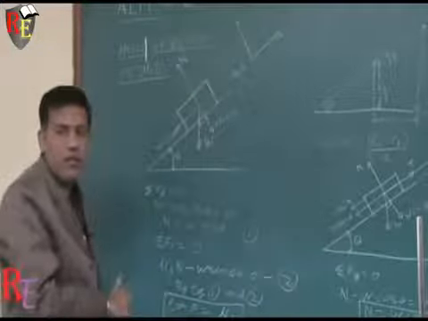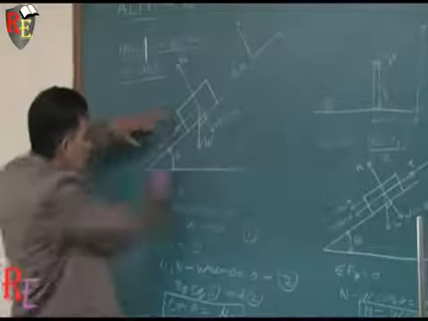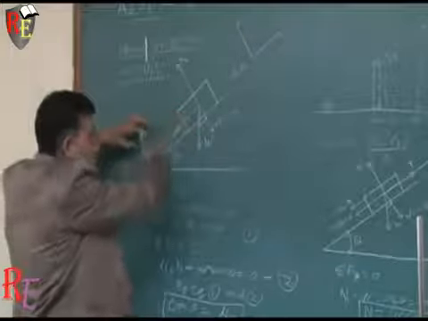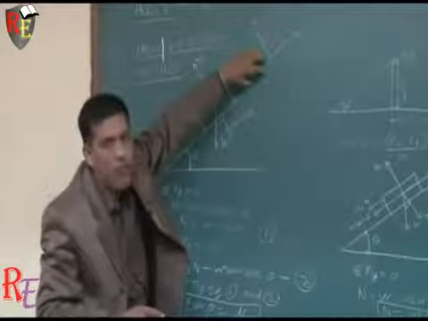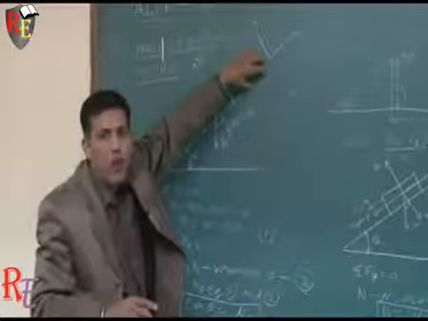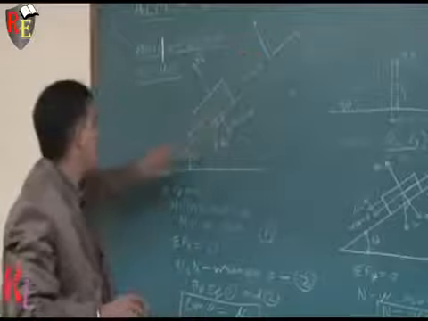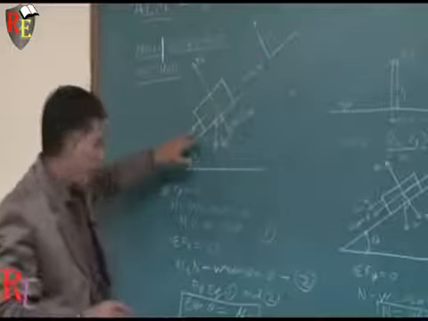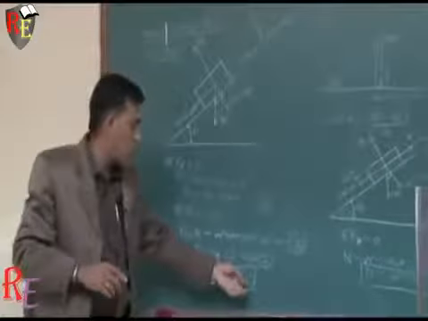So this W sin theta would try to bring the body down the plane, but it would be opposed by the static friction, mu s N. And when the net force in the x direction is equal to 0, then mu s N is equal to W sin theta. And by using these two equations, tan theta is equal to mu s.